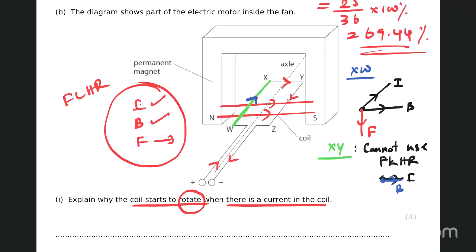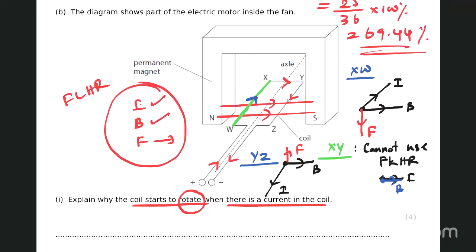So in that situation, we can't use it, right? Then we can follow the Y to Z axis. The current direction in this way, the magnetic field direction in this way. Now we need to find the direction of the force. So FBI, yeah, you can see the force is upwards. So finally we can get the direction of the force.